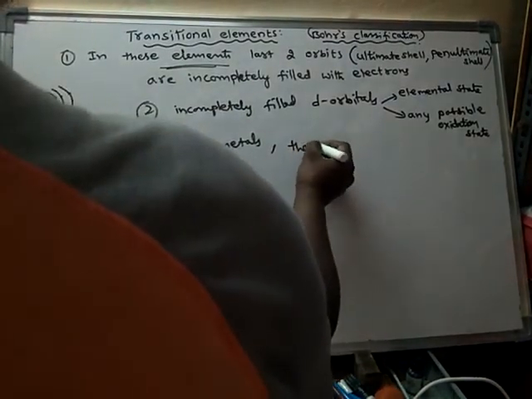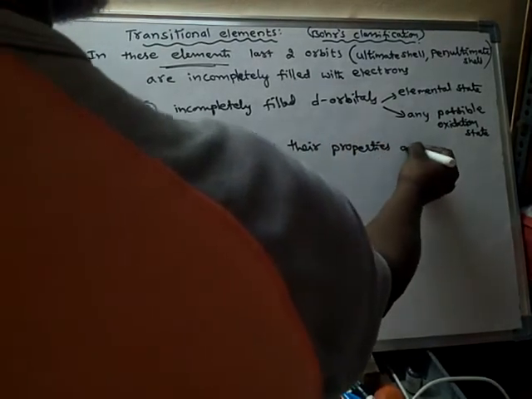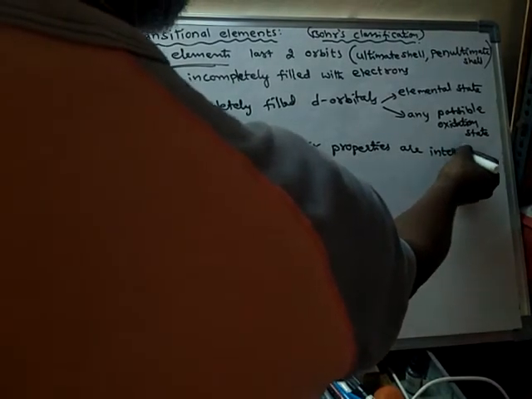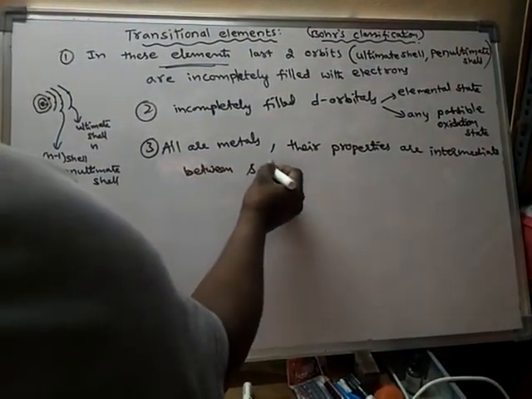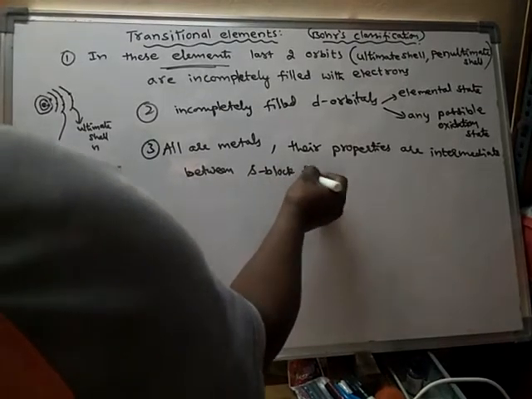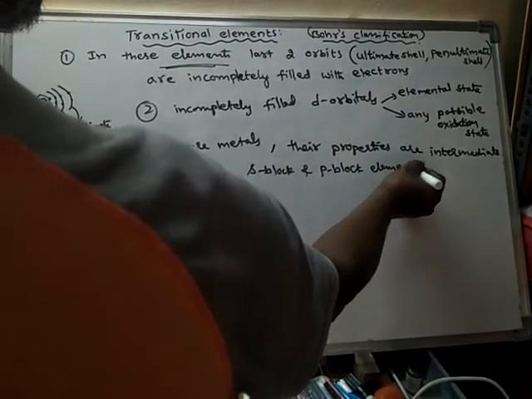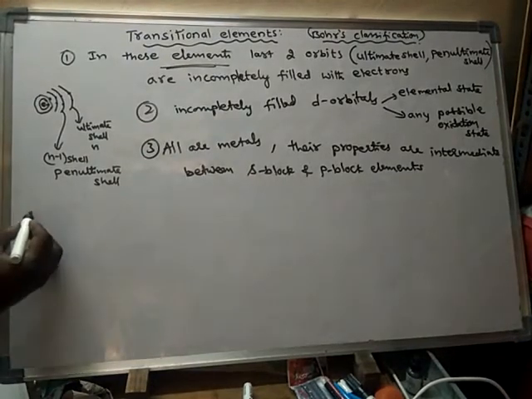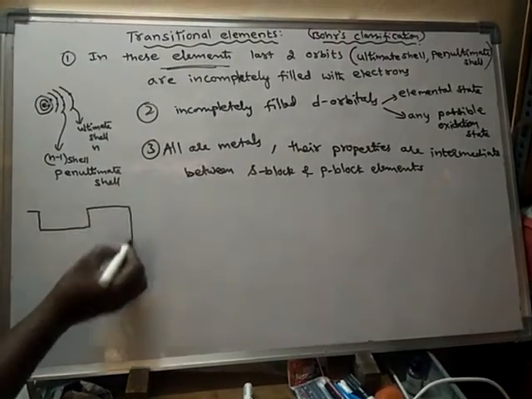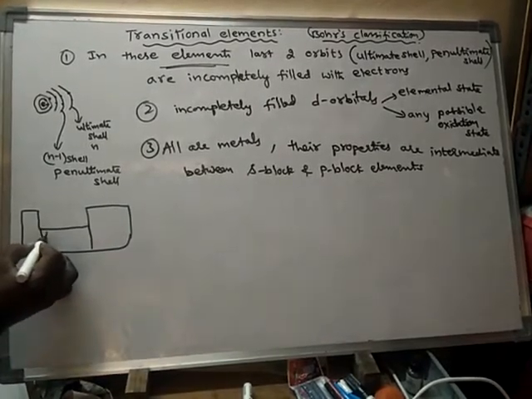Their properties are intermediate between s block and p block elements. Yesterday, in the previous video, I showed you the diagram. These are the transitional elements.